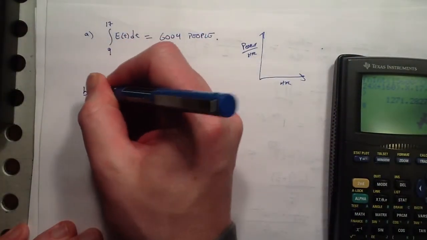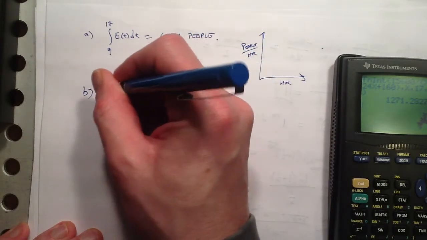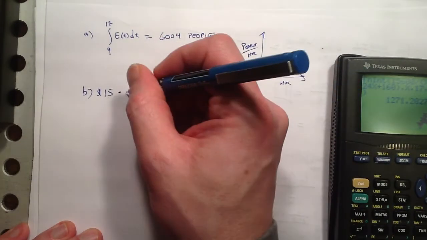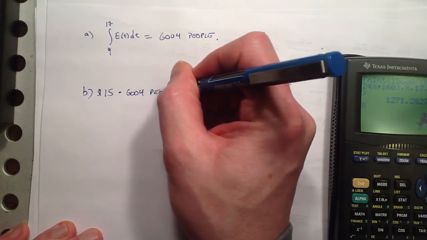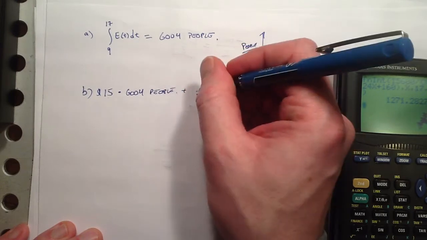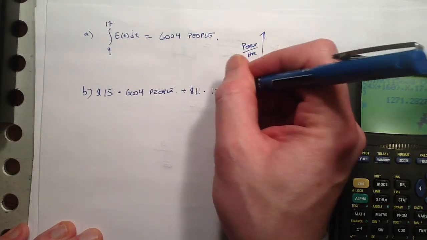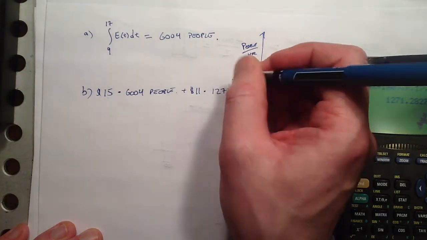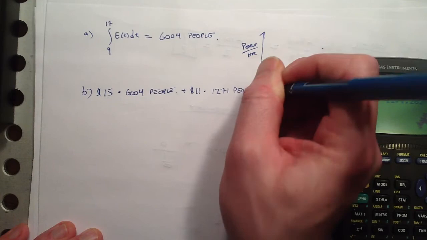So we have $15 times 6,004 people plus $11 times 1,271 people who came in late, got the cheap ticket.